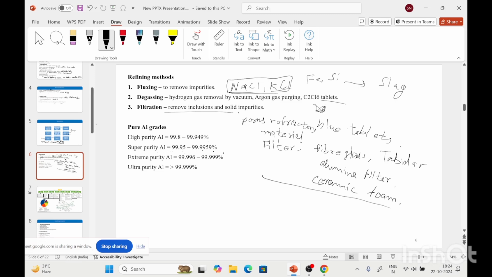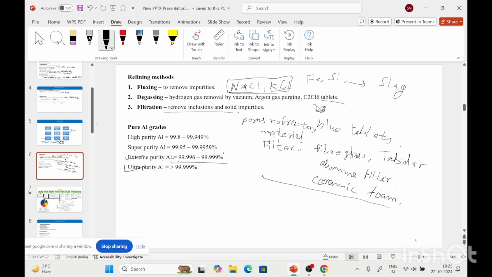Then the one with more aluminium content is called extreme purity aluminium, which has a concentration from 99.996 to 99.999%. Then the ultra purity aluminium has an aluminium content greater than 99.999%.